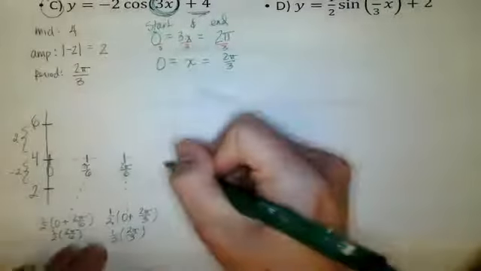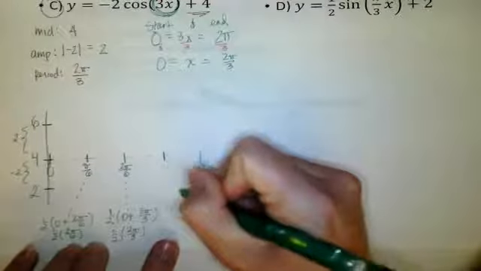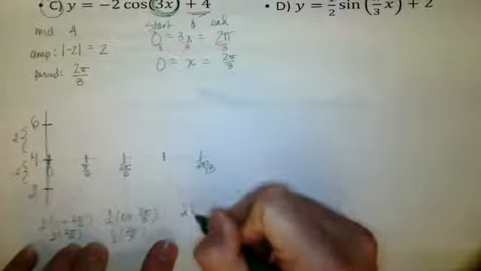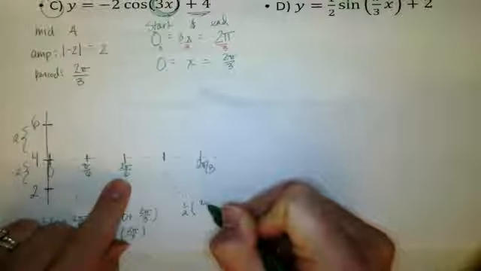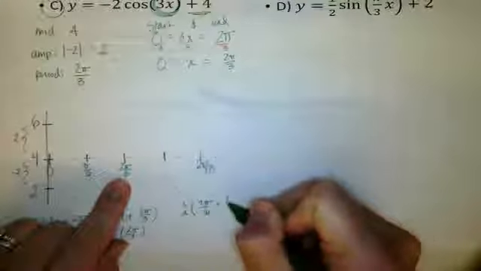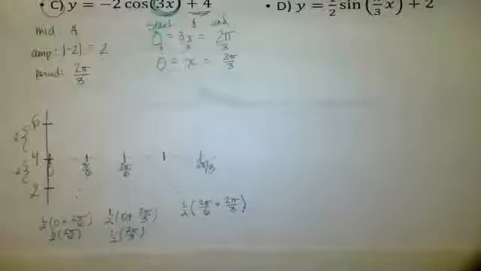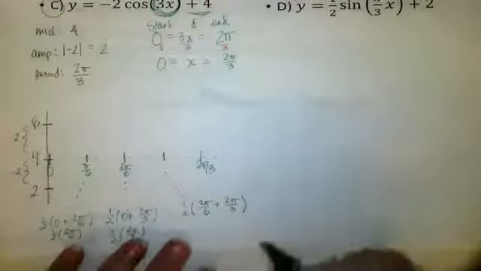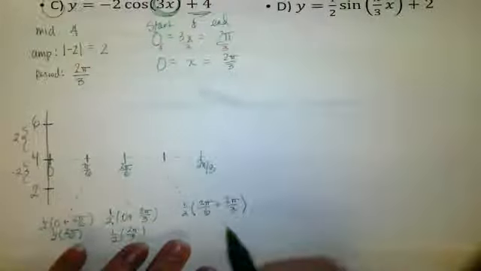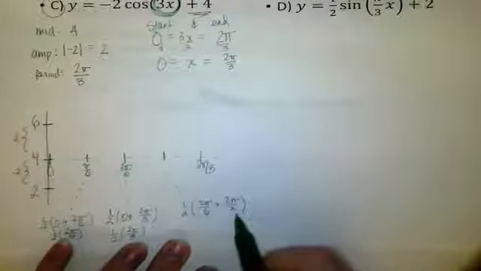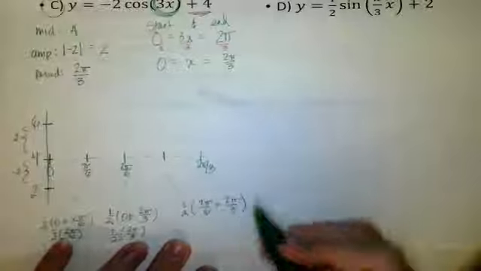All right, what is now halfway between 2 pi over 6 and 2 pi over 3? 3 pi over 6. What do you have to do here, though, to get there? Common denominator, yeah.